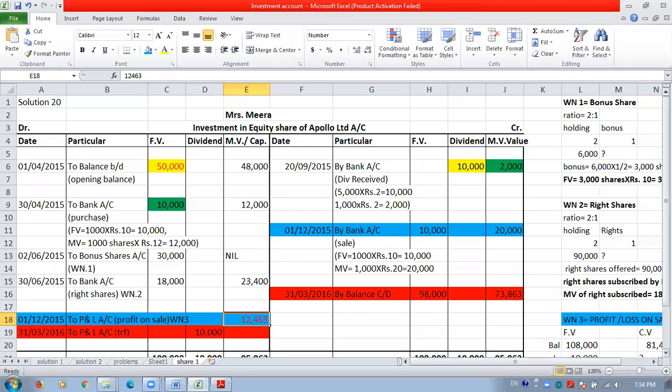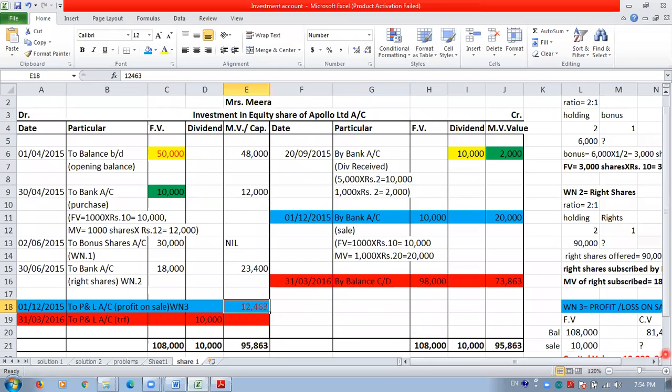How do we close this? Simply we total this debit face value column. It is 1,08,000, and we deduct this credit 10,000, so 98,000 is the balance carried down. We have to close this on 31st March 2016 because it is the year ending.